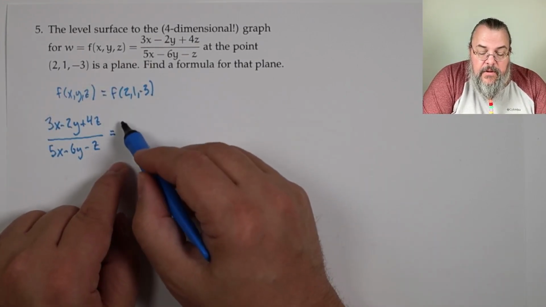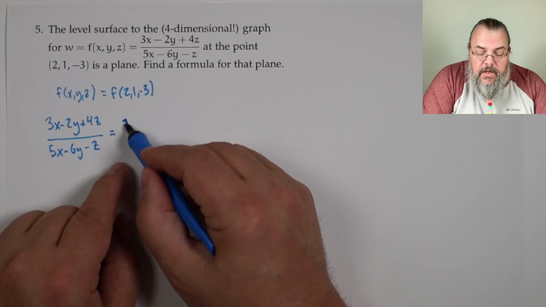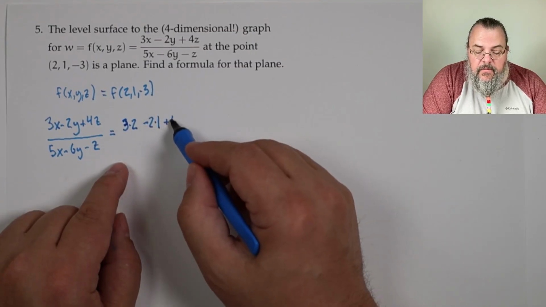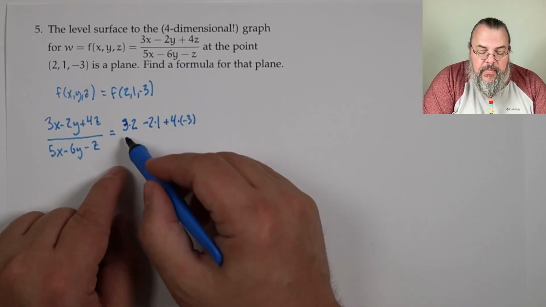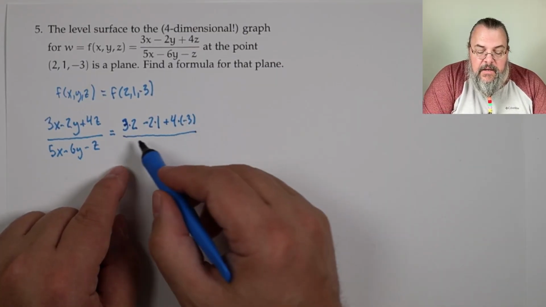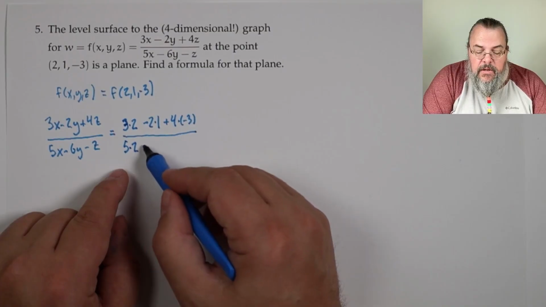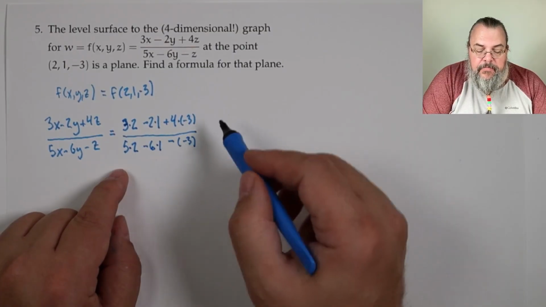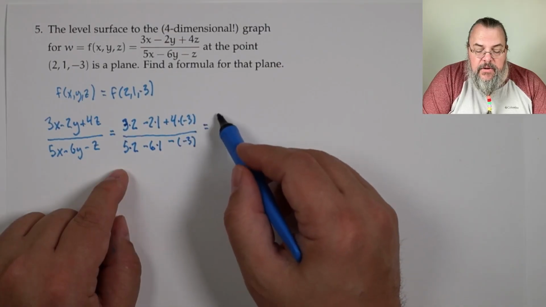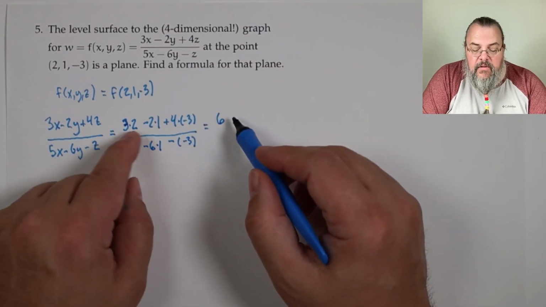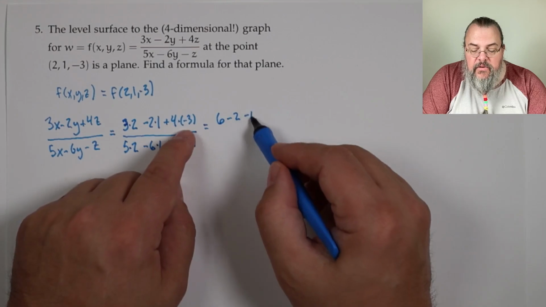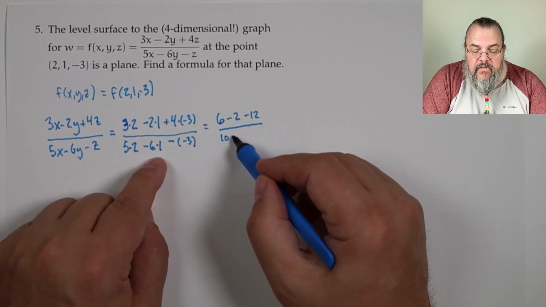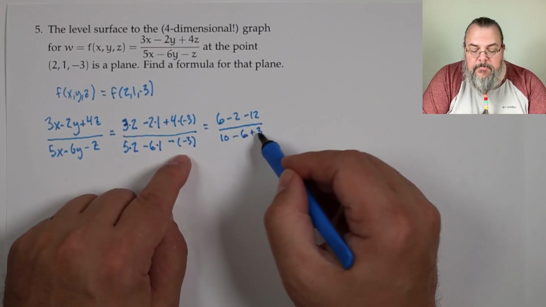Okay, so we have 3 times 2 minus 2 times 1 plus 4 times negative 3, divided by 5 times 2 minus 6 times 1 minus negative 3. All right, so we just start going through this very slowly. 6 minus 2 minus 12, divided by 10 minus 6 plus 3.